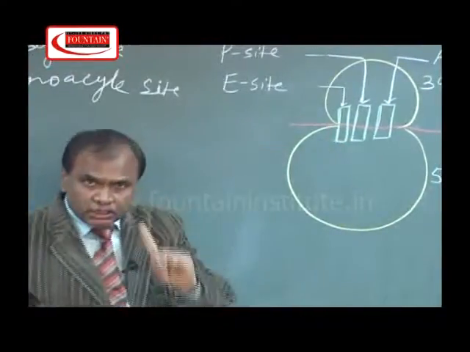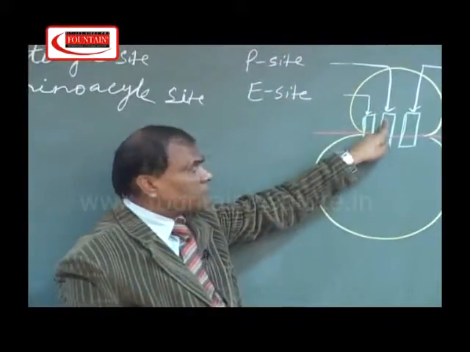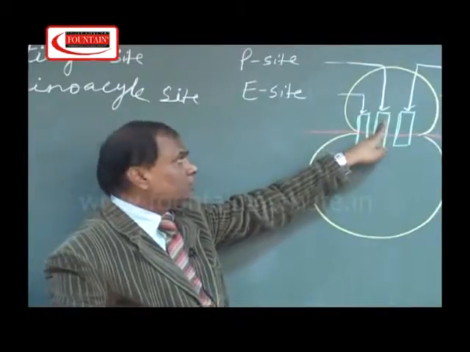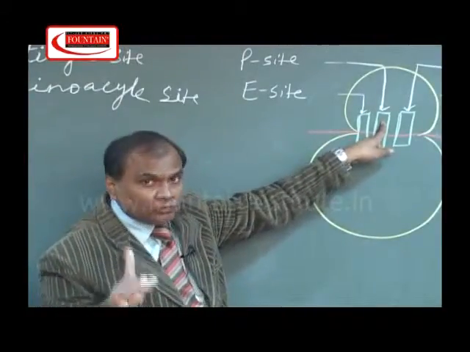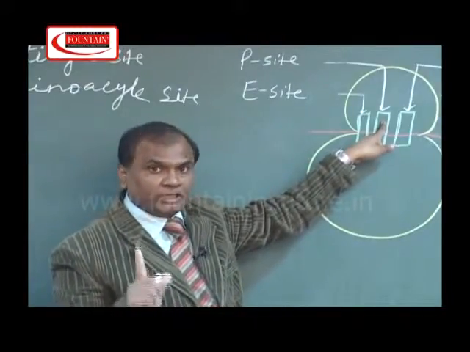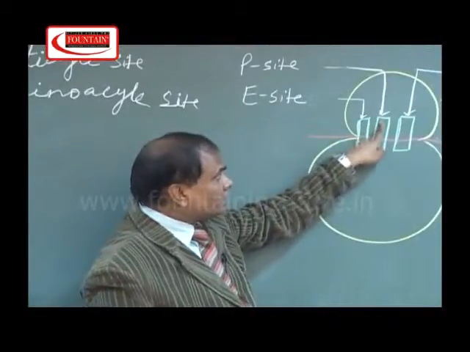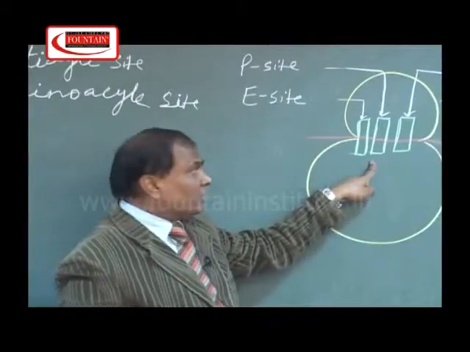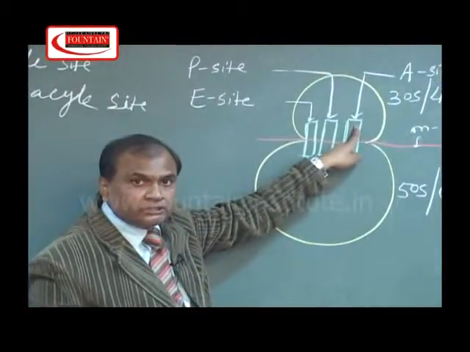The first charged tRNA will attach on the P site. On the P site directly only one amino acid can come, and that amino acid is methionine. When the first charged tRNA occupies this P site, the second charged tRNA will attach on the A site.